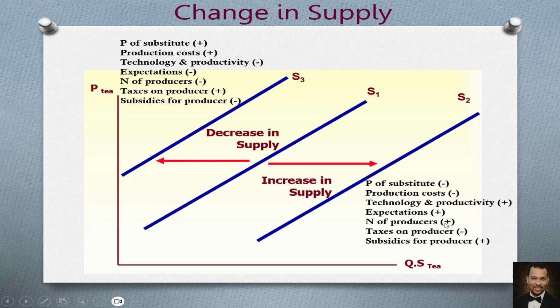Maybe taxes on producers decreased, and maybe subsidies for producers increased, all the other factors constant.